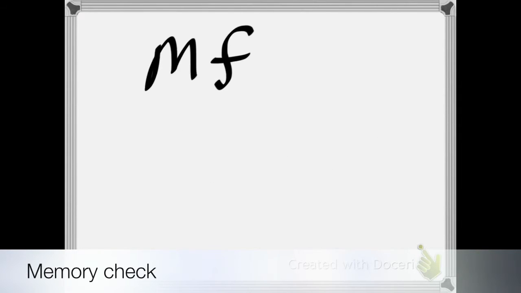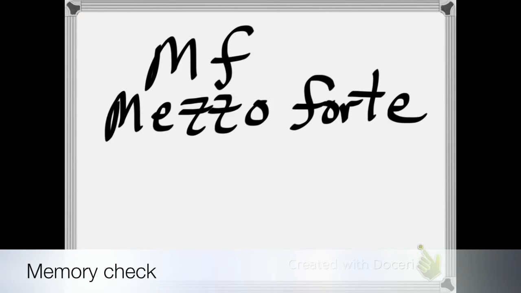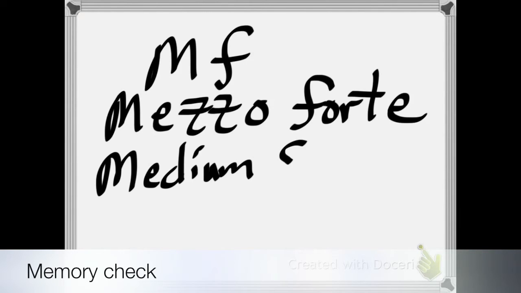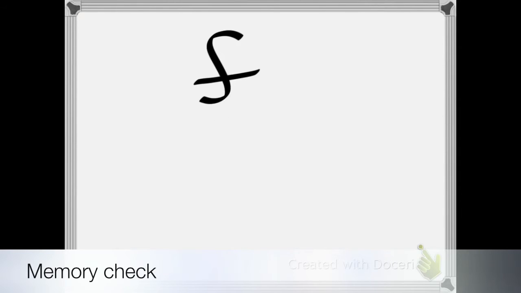Good job. Continuing going through our terms, MF stands for what? There it is, mezzo forte. Nice. And that translates to what for us? Yeah, medium loudly. Very good job. Medium loudly. How about the F?